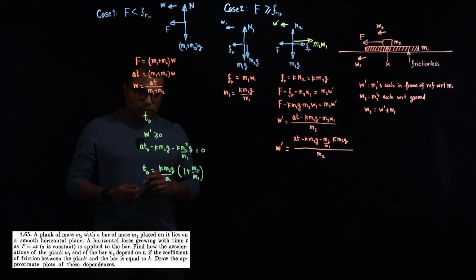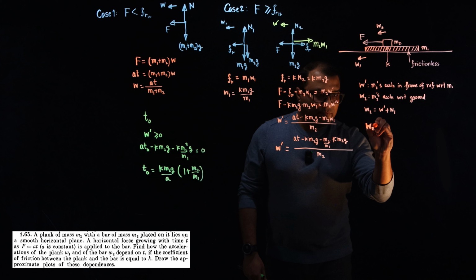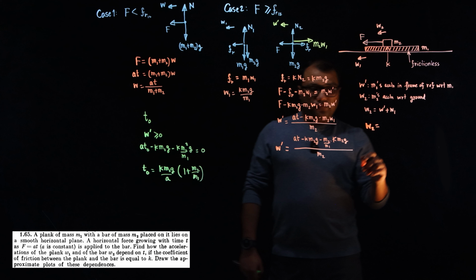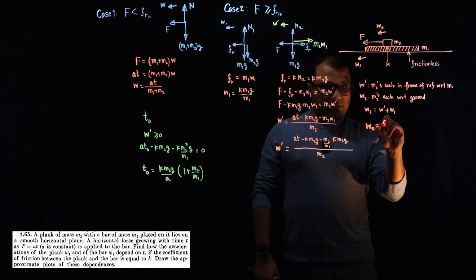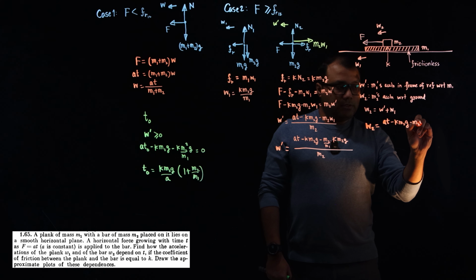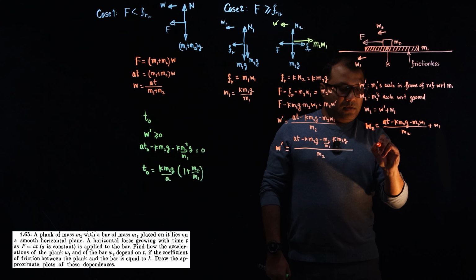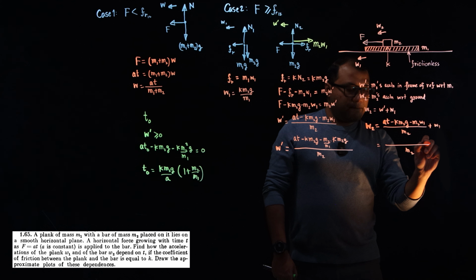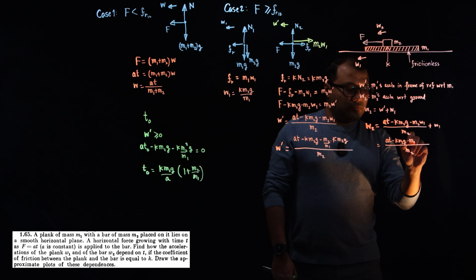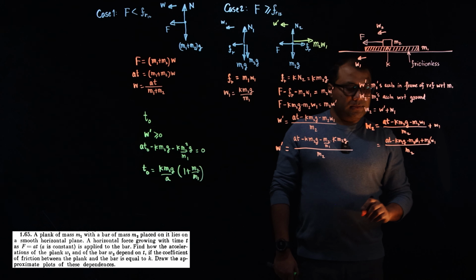Now for completion's sake, let's complete the value of W2. W2 is W dashed plus W1. Let me just use this formula. W dashed is (AT minus K M2G minus M2W1) divided by M2, plus W1. So M2W1 and this plus M2W1 cancel out.